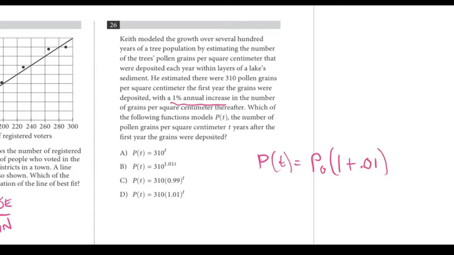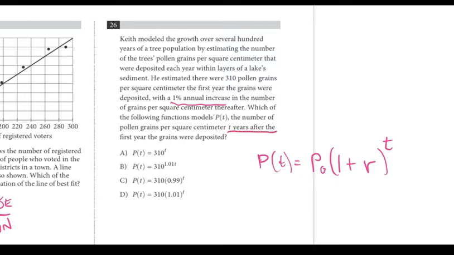Well, I plugged it right into the equation there without giving you the formula. Let's go back and give you the formula. It's 1 plus R, which is the interest rate, or the rate of increase, depending on what we're talking about. So it'll be 1 plus R to the T power. That's the number of years. So T years after the first year.